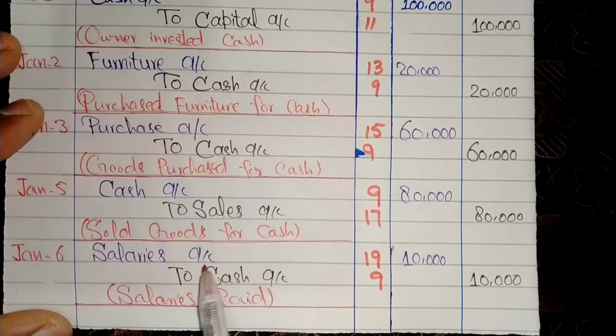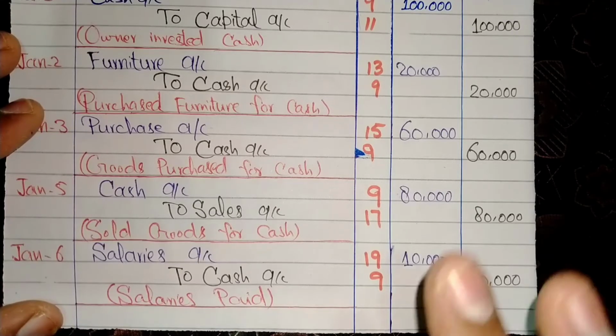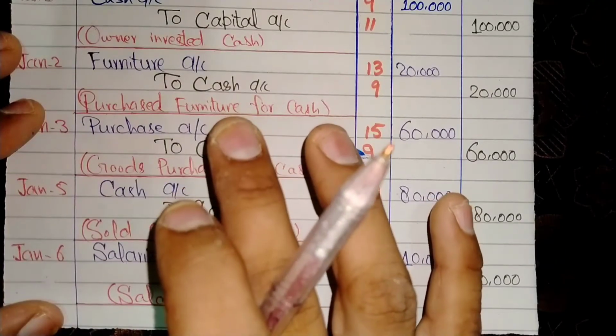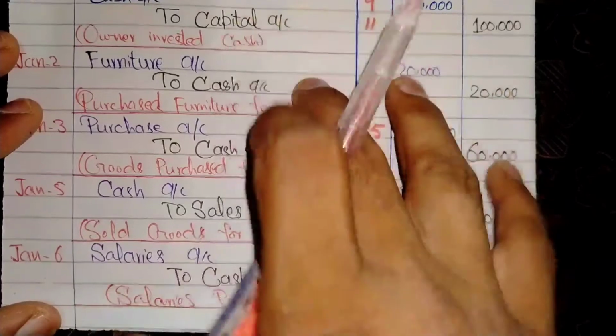The last entry was that he paid salaries amounting to 10,000 rupees. The journal entry will be salaries account debit, with new ledger folio number 19, to cash account, the existing ledger folio number, with the same amount of 10,000 rupees debit and credit, with description: salaries paid by the business. We have read the illustration, transactions, and journal account entries.